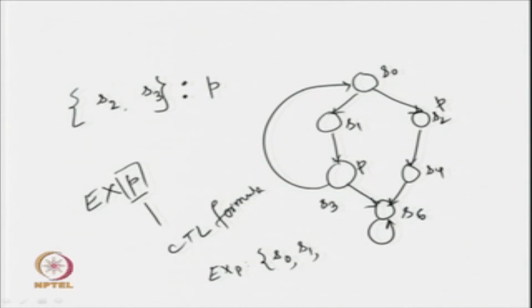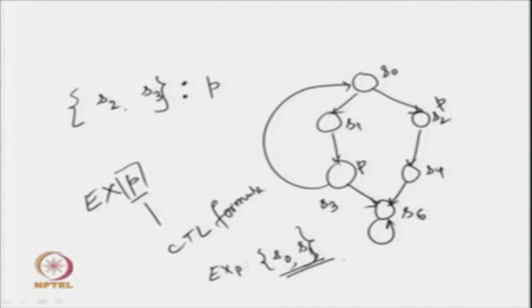When we come to S3, you see that it has two successors, one is S6 and the second one is S0. We will see both successors, and none of the successors is labeled with P. So, S3 will not be labeled with EX P. When you come to S4, it has one successor S6 and it is not labeled with P, so it will not be labeled with EX P. When we come to S6, it has itself as successor, which is not labeled with P, so it will not be labeled with EX P. So, basically we are getting these two states, S0 and S1, where EX P is true.